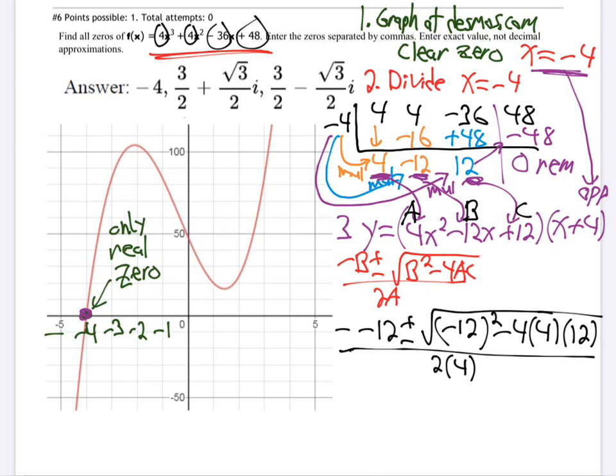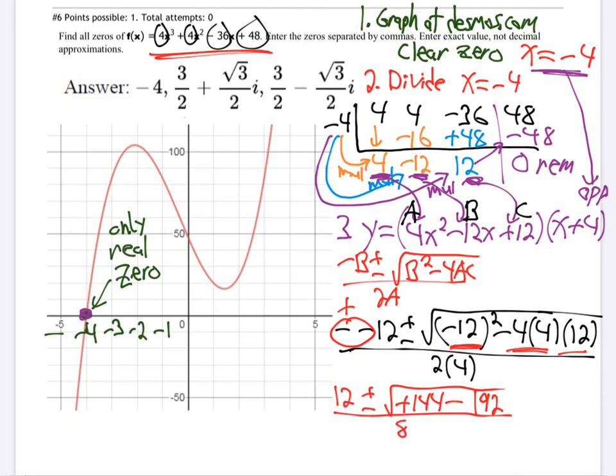Okay. Simplify 2 negatives. You know the deal. Positive. -12 squared is plus 144 minus 4 times 4 times 12. Use your calculator. I'm going to use my calculator. 192. All over 2 times 4, 8.